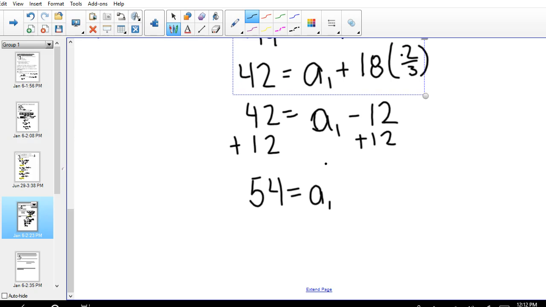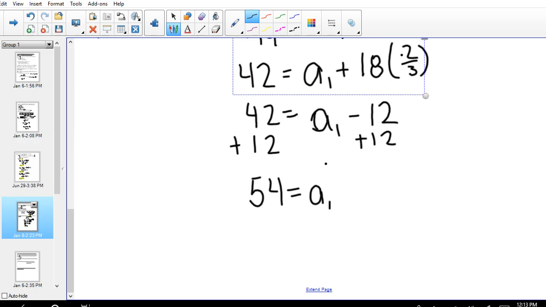That's not the only way you could do the problem. You could have started at 42. If the common difference is negative 2/3, that means you're subtracting 2/3 each time. In this case, you need to go from 19 back to 1, so you have to go backwards. So instead of subtracting 2/3, you'd add 2/3. So you could start at 42 and add 2/3 until you get back to a sub 1.